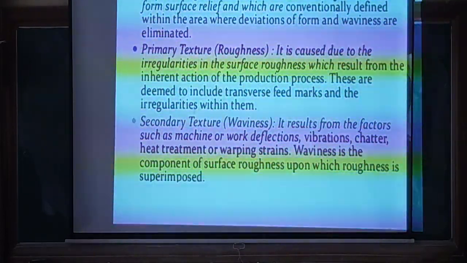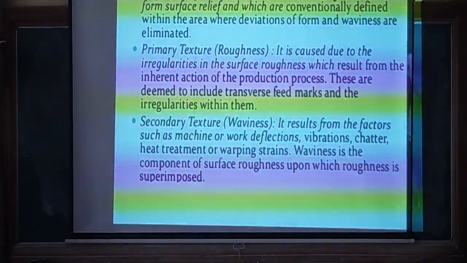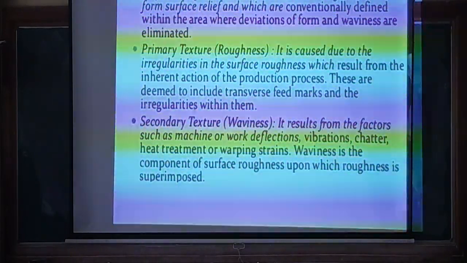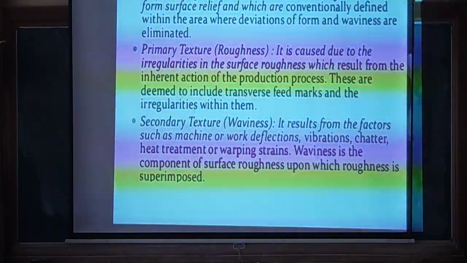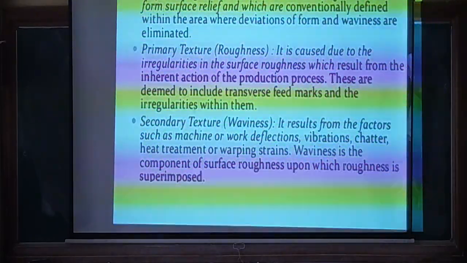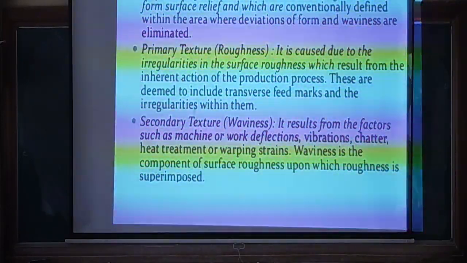Secondary texture, waviness, results from factors such as machine or work deflection, vibrations, chatter, heat treatment, warping strains. These are called waviness. These are from factors of the machine, that is work deflection, if the work part is not held properly, vibrations of the machine tool, chatter marks because the tool is not held properly in the adapters, heat treatment or warping strains, which appear after the heat treatment process.